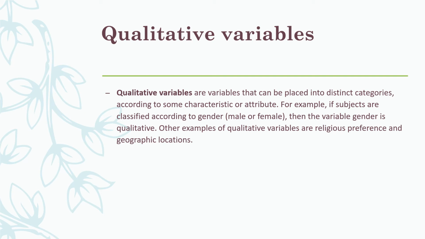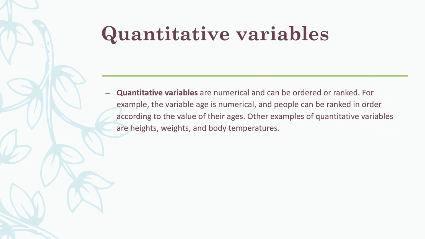We will do that for the purpose of coding our questionnaires in order to make the analysis easier later on, but those values have no meaning. It's really just a representation of the different categories. Now, quantitative variables, on the other hand, are numerical variables. They're numerical in nature. They have numbers.